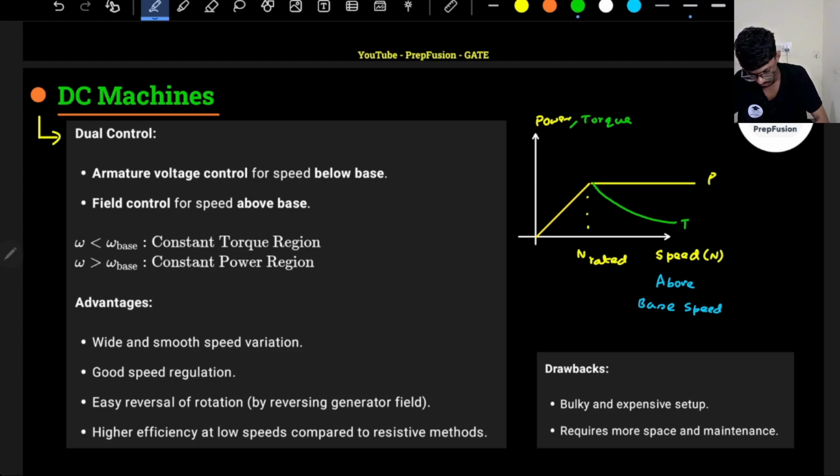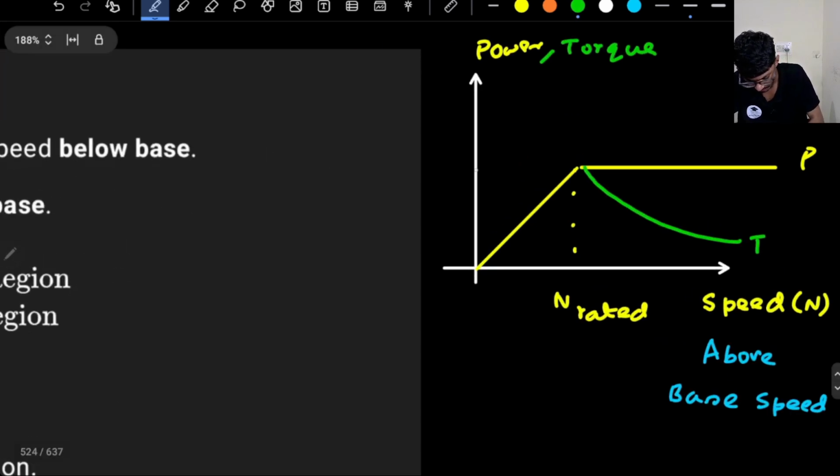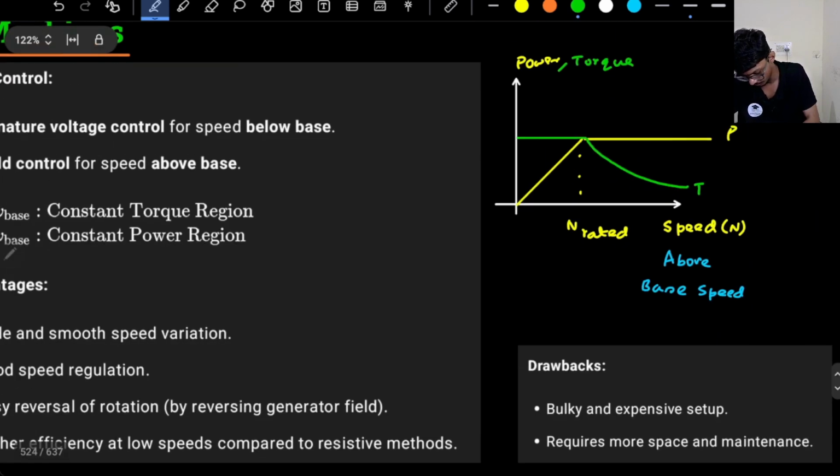And the power will be linearly varying and the torque will be constant. This one is below base speed.